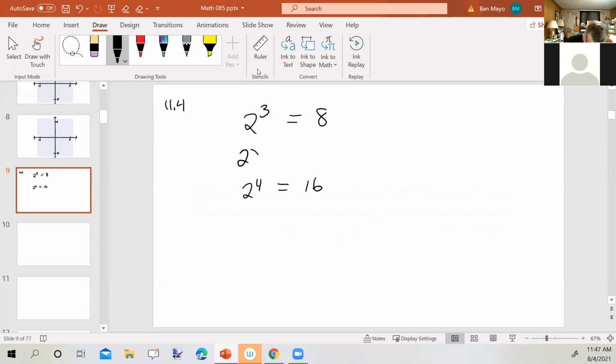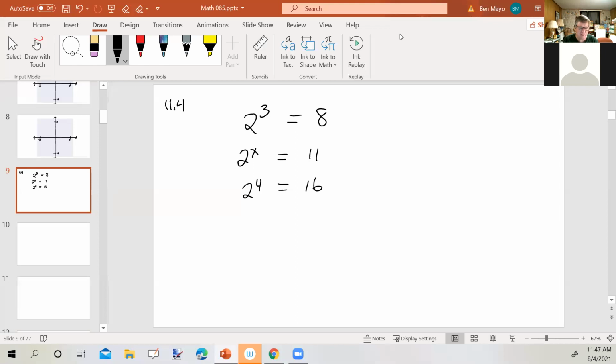But what if I had 2 to the x power equals, let's say, 11? Can you see that x has to be bigger than 3 and smaller than 4? Is that obvious? No one's going to answer. Okay, fine. Yes, x has to be between 3 and 4.